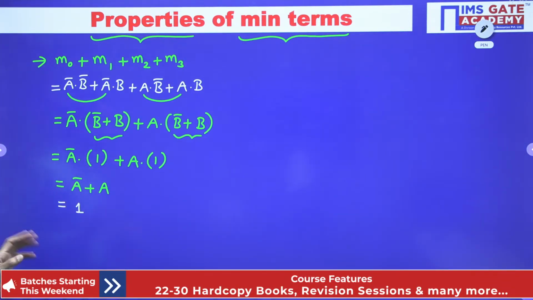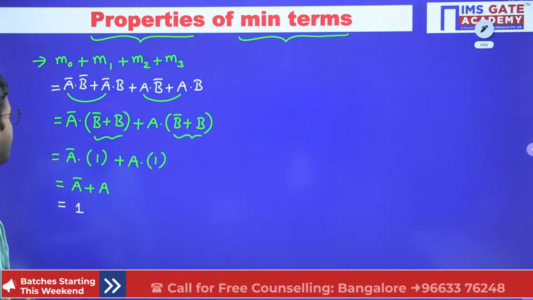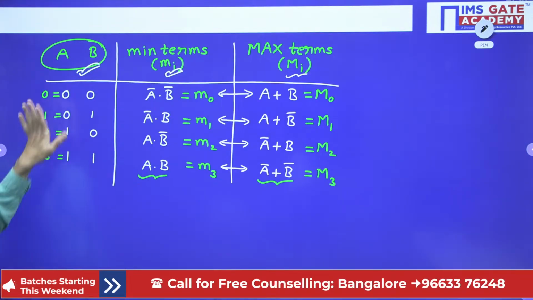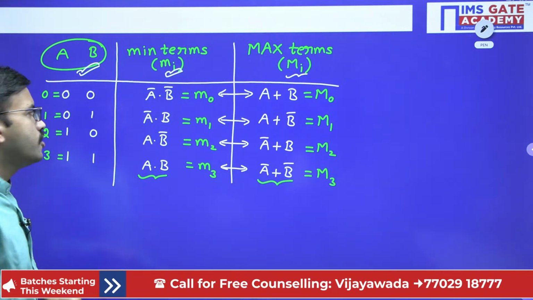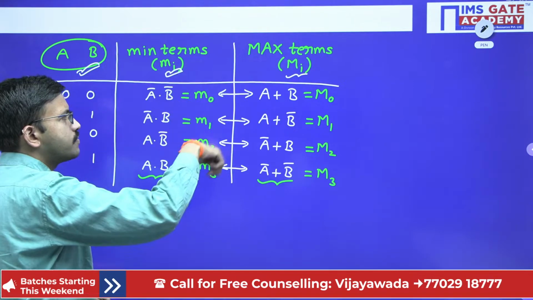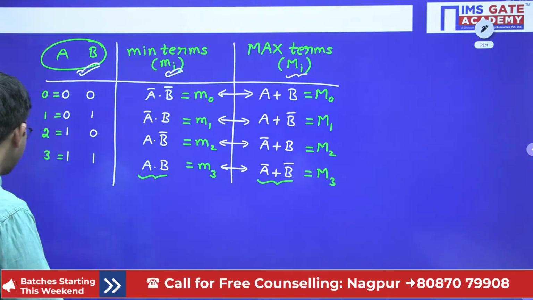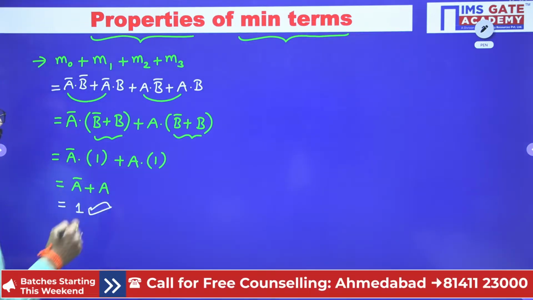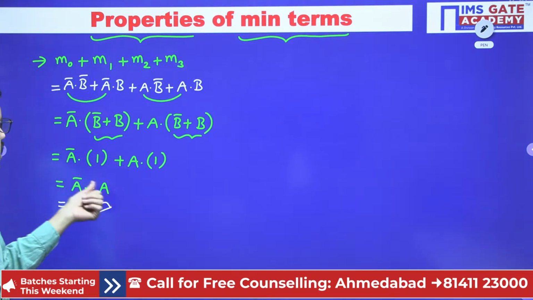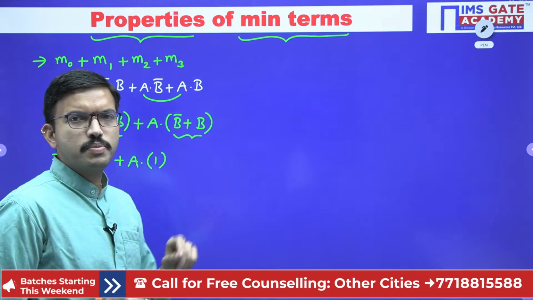So what is your observation point? For two variables, we got four min terms, m0, m1, m2, m3. If we are adding all the min terms, then the resultant value you are going to get is 1. This is the first property of min term.